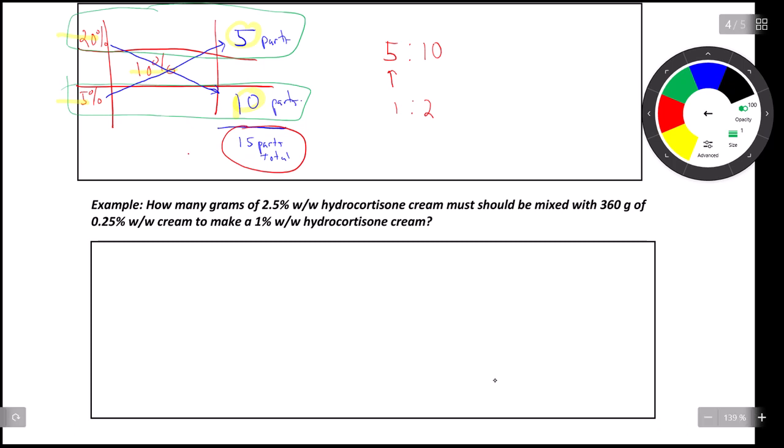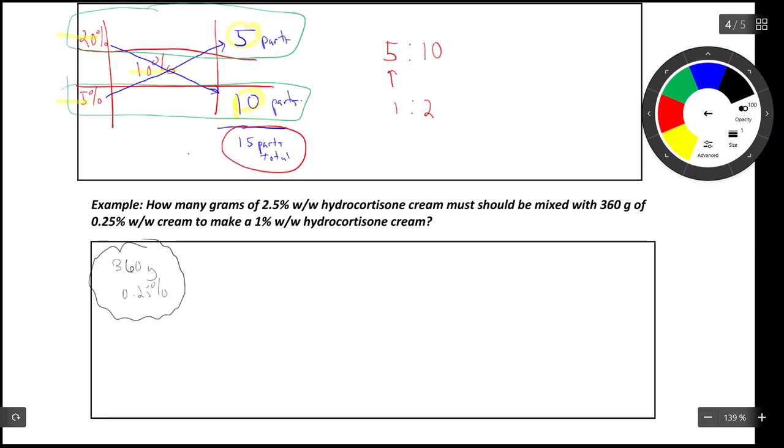It says that we want to take 360 grams, right, of a 0.25% cream. So I'm going to say we have 360 grams of some cream.